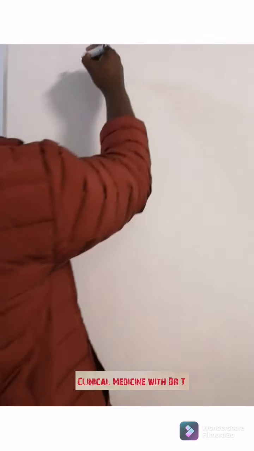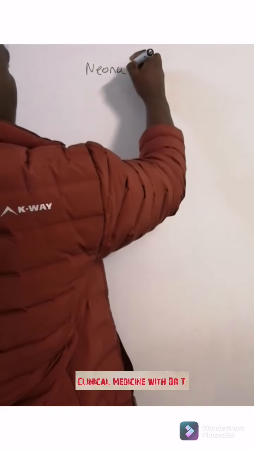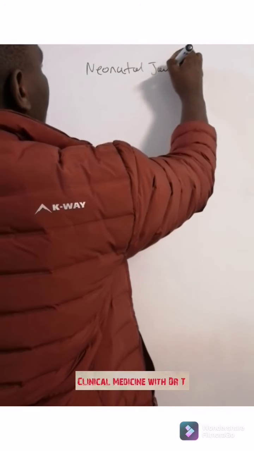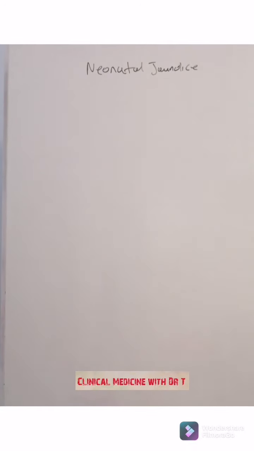So, neonatal jaundice, very important topic, very important, because a lot can go wrong when a patient who's got neonatal jaundice is mismanaged, and we are going to talk about that later on.